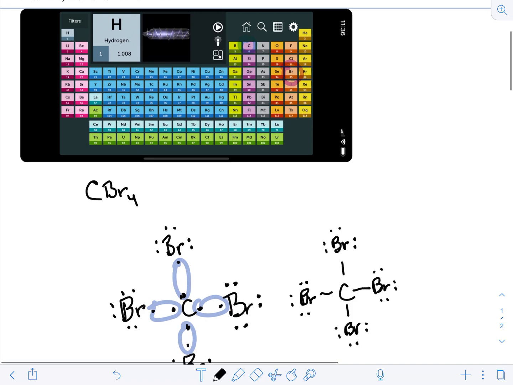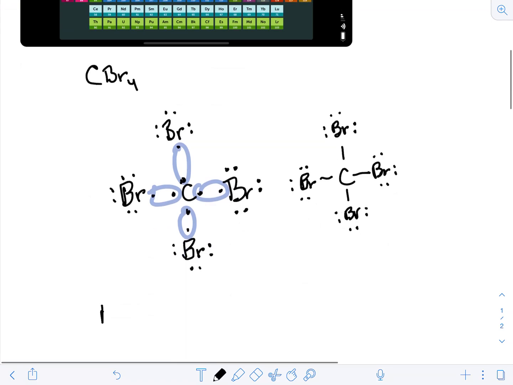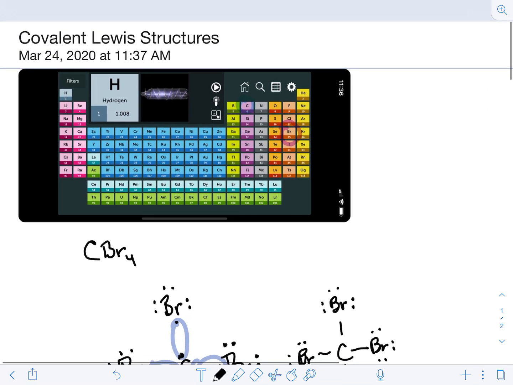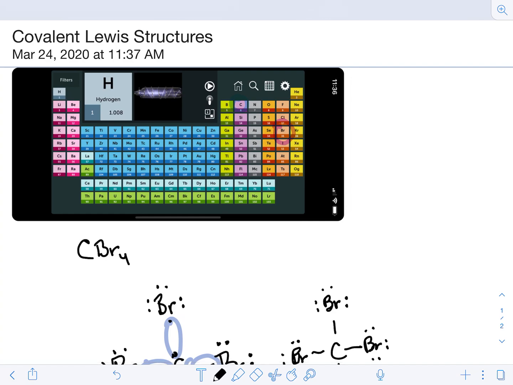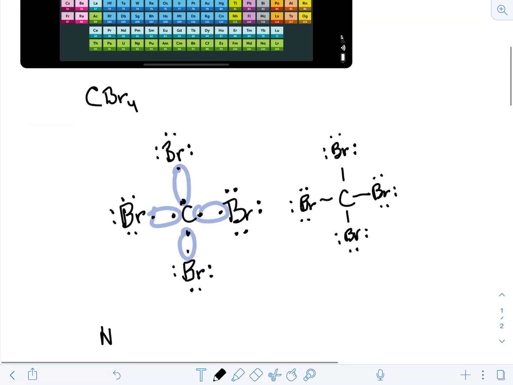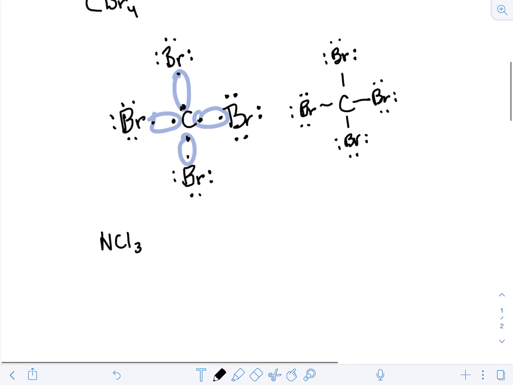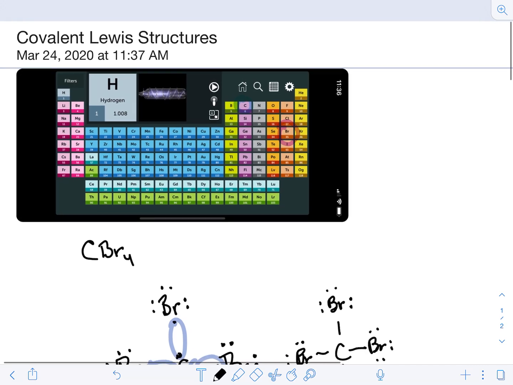All right, let's try another one. So we've got nitrogen, and our covalent bond is going to be with chlorine. So we're going to say nitrogen trichloride.